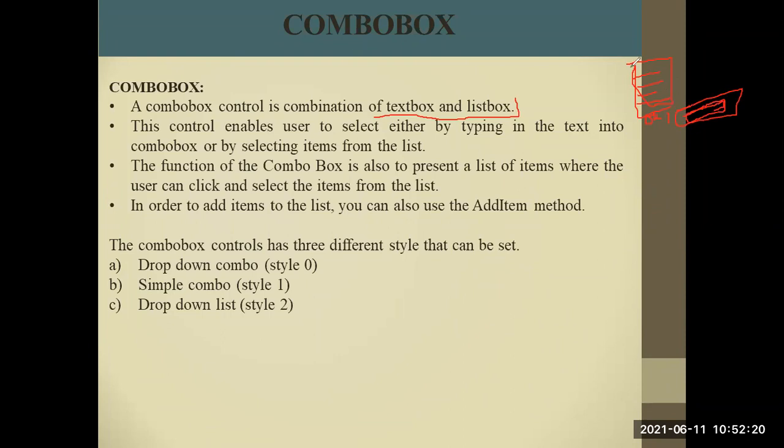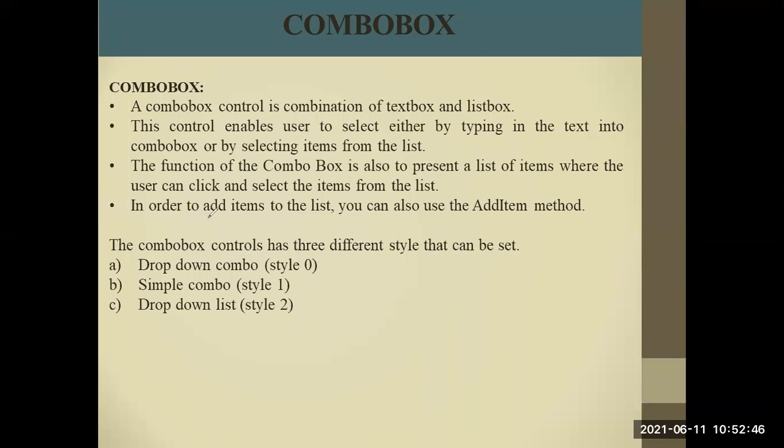Okay, so what the combo box is telling is that you can either give the input in the form of a list, or if the requirement of the user is not available in the list, you can go for the text box. So you can use both of them, selecting either the text box or your list box.